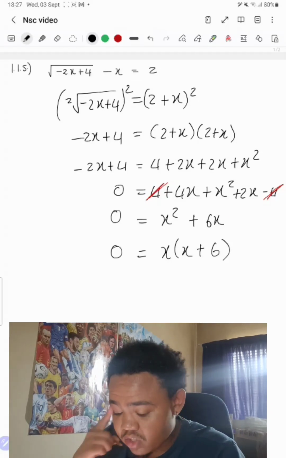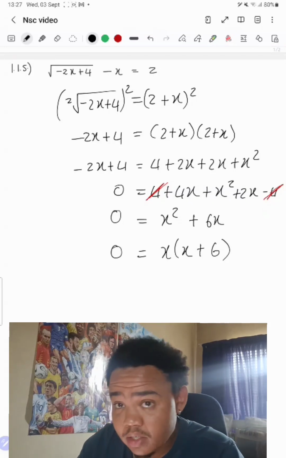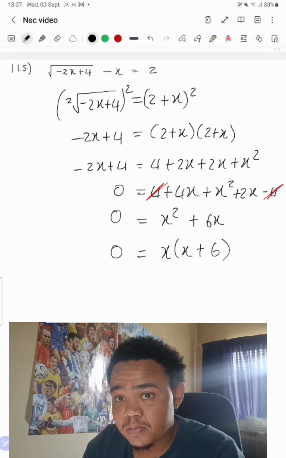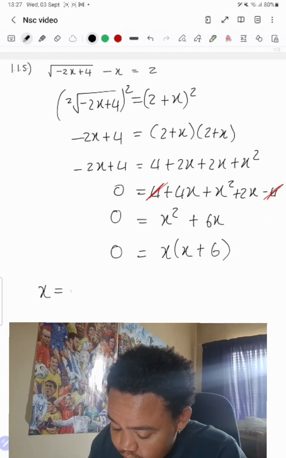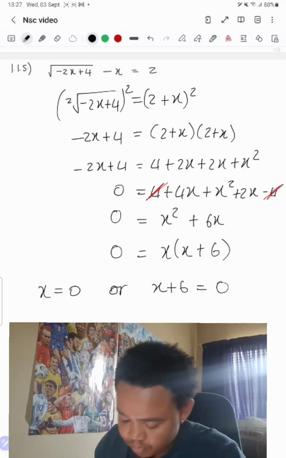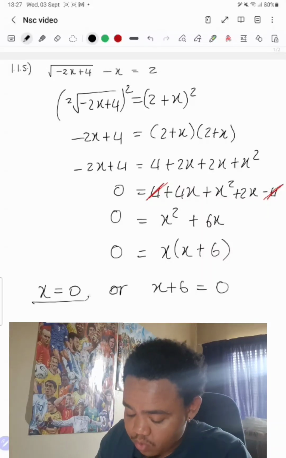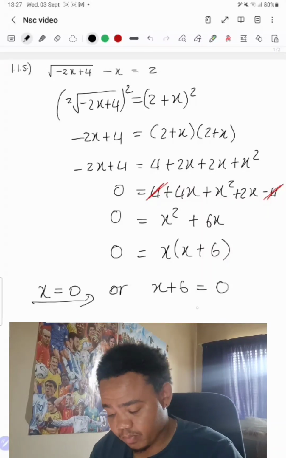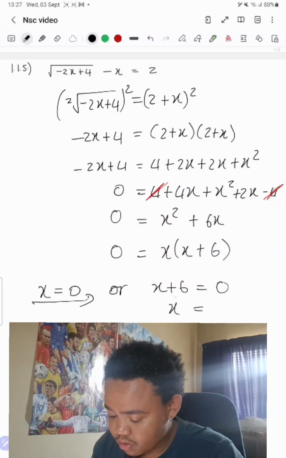So our statement says 0 is equal to x times x plus 6. So I can say that x is equal to 0, or x plus 6 is equal to 0. The first answer is already given to us. The next one, bring that 6 over, becomes negative 6.